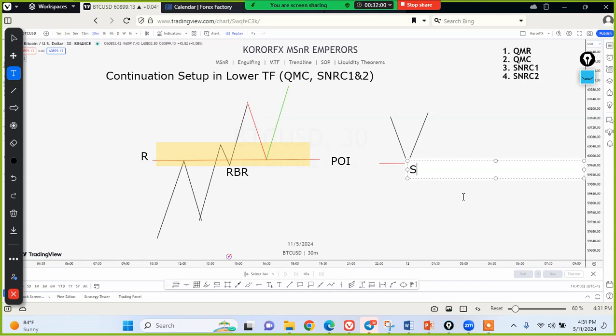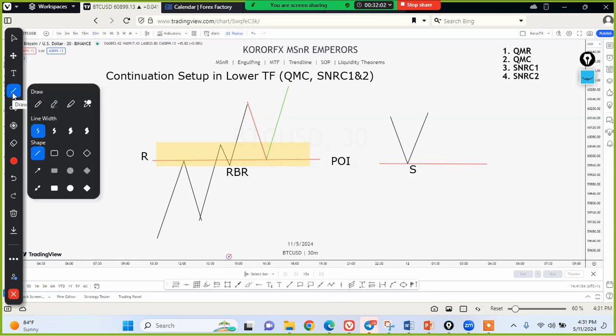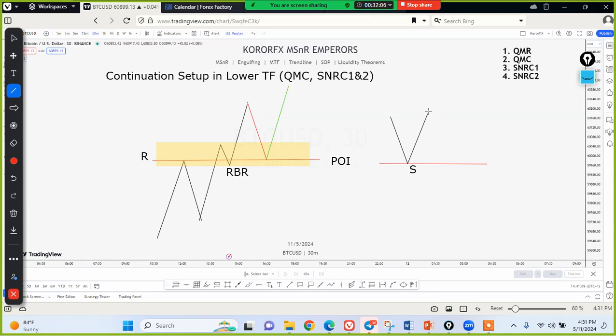We got SNR, and you are expecting the price to come here in order to buy, since this level is a support. But what happens is price breaks below and then comes back, then pushes down and drops down, guys.